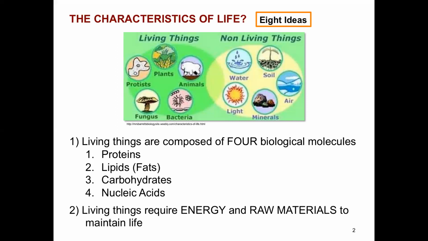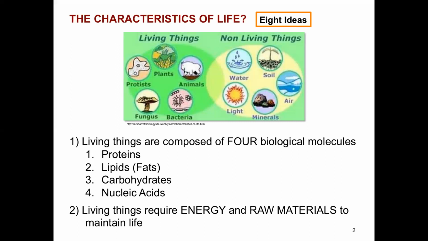Now, the second thing that is common to all living things and not required by non-living things is that we require energy and we require raw materials. All right, so we get our energy ultimately from the sun, but we get that basically from our food, all right, because we are consumers. You can remember that term. So energy, and what is our energy currency?